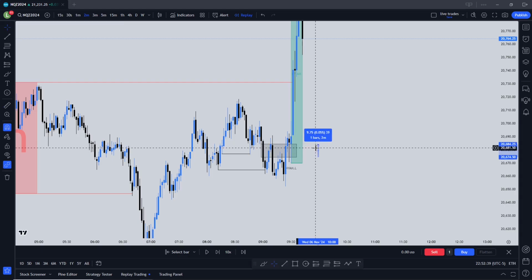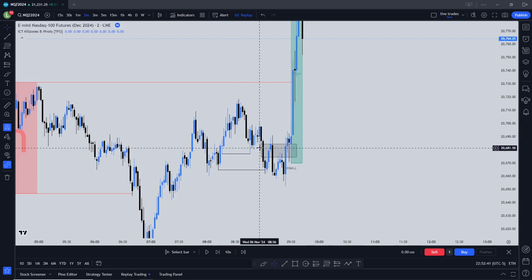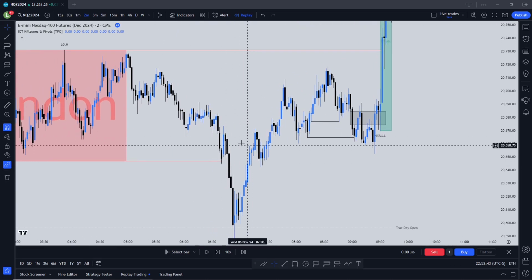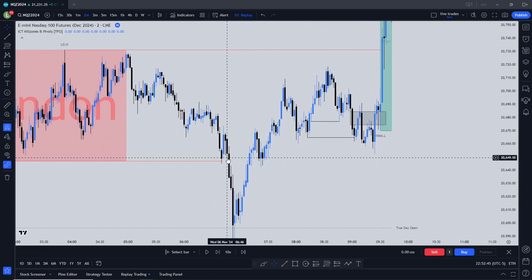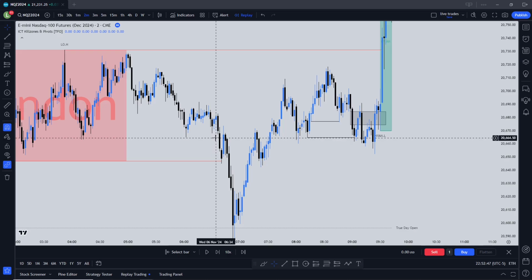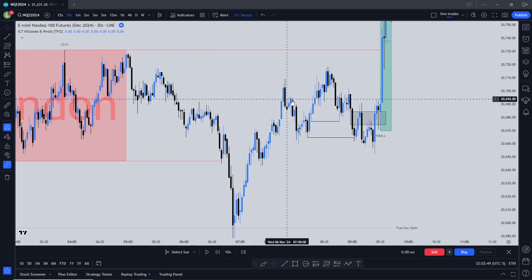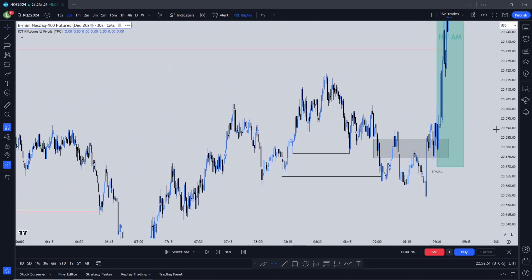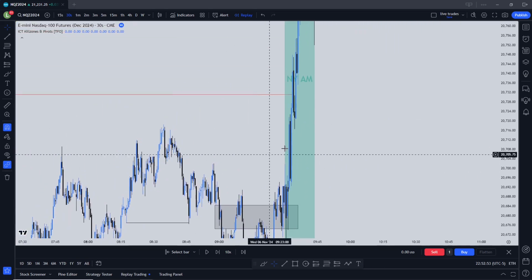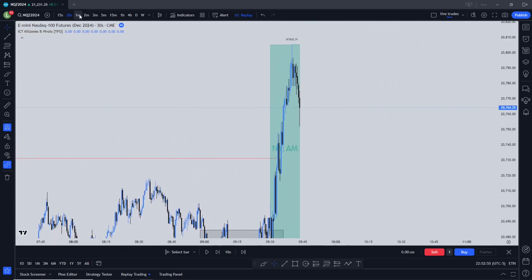But I don't take anything that's 4 or less. And since there's less volume, these fair value gaps are typically a lot smaller in the pre-market, so I don't really count those. I just make sure they're big enough.